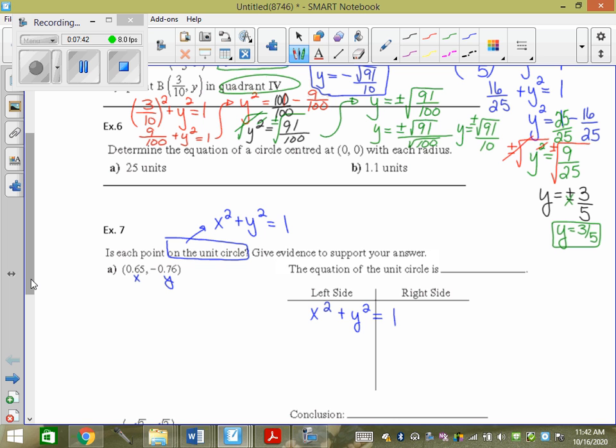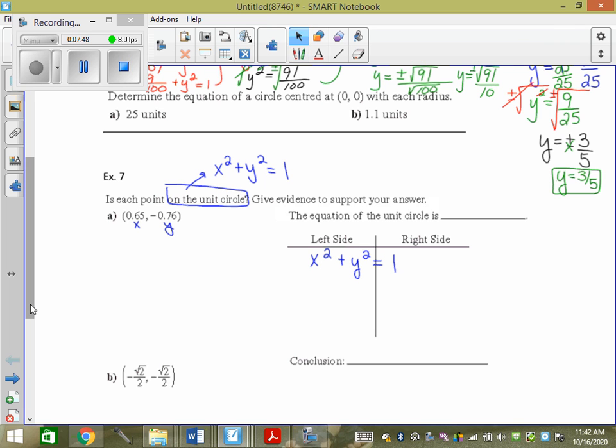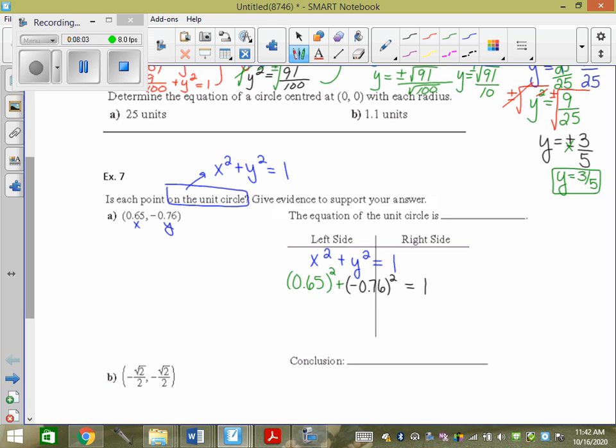You don't move anything across. You just want to see if left side equals right side. So we're going to plug in 0.65 for x and square it, plus negative 0.76 squared equals 1.